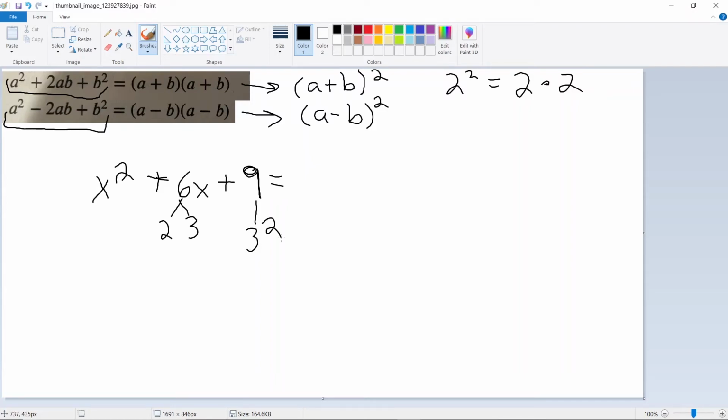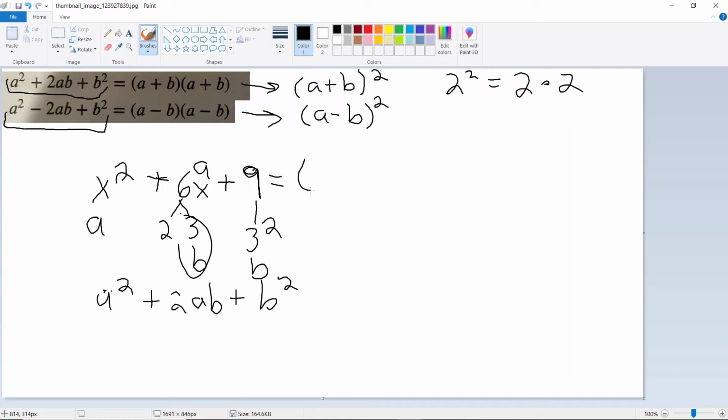So let's say x is a and 3 is b. Notice we have a squared, because a is equal to x, plus 2 times a times b, because a is equal to x and b is equal to 3, plus b squared. So you might notice that. You might be able to pull it apart. And at that point, you would know that this equals x plus 3 times x plus 3.